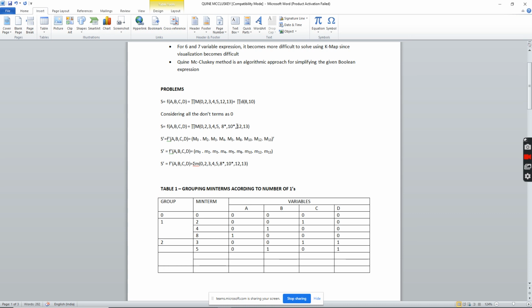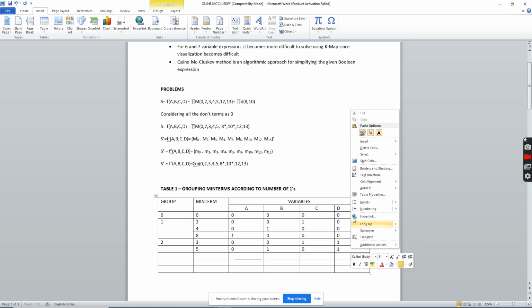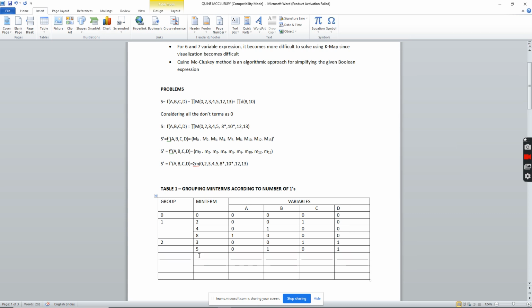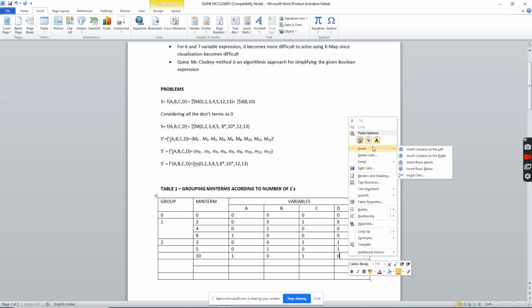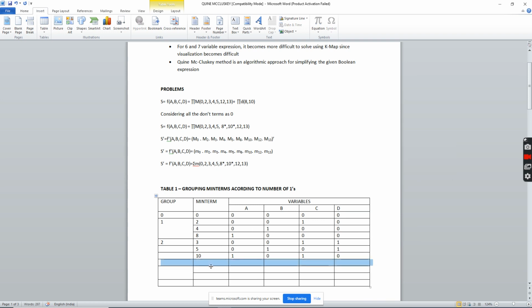Next it will be 10, which will be 1, 0, 1, 0. Fine. Next one will be 12, 1, 1, 0, 0. And then 13 will be coming in the next bracket.